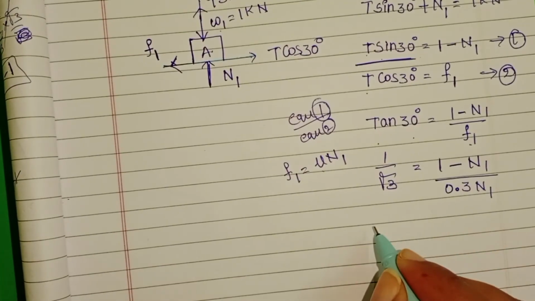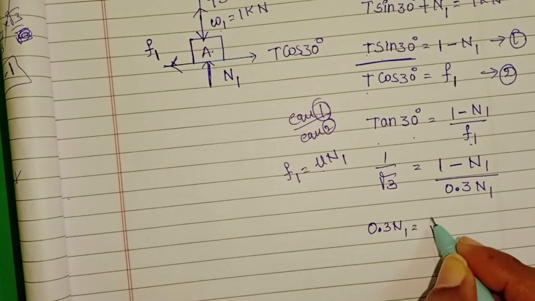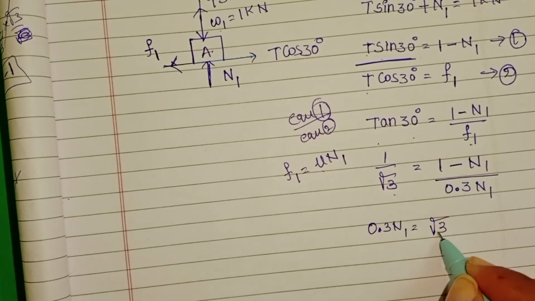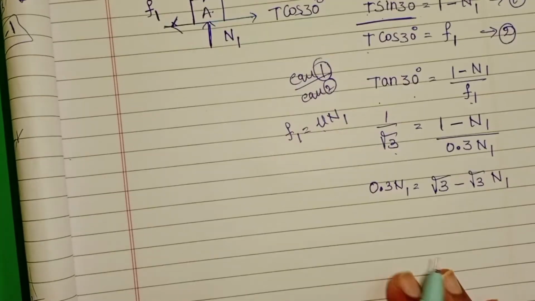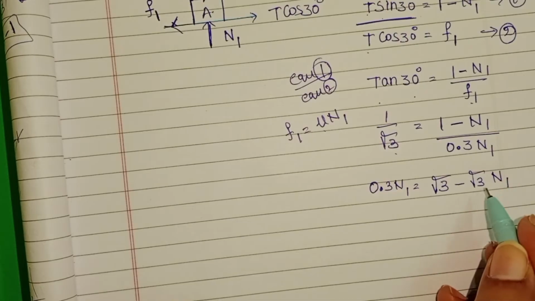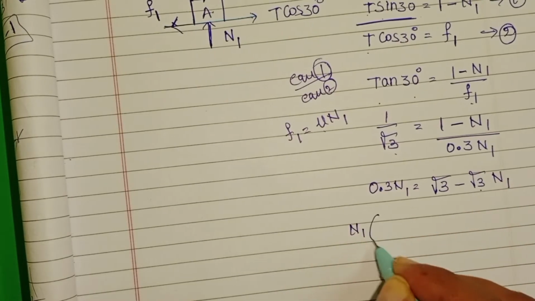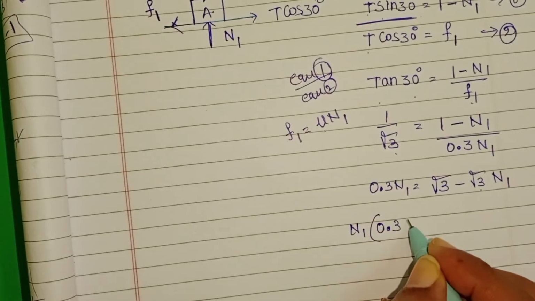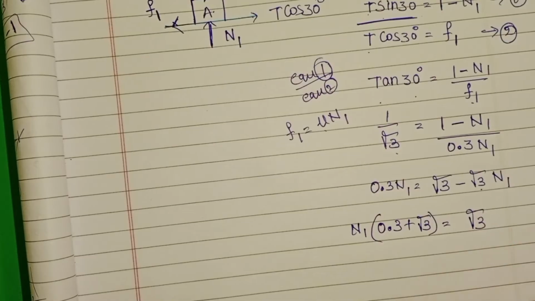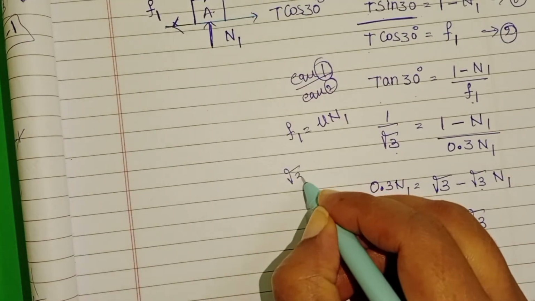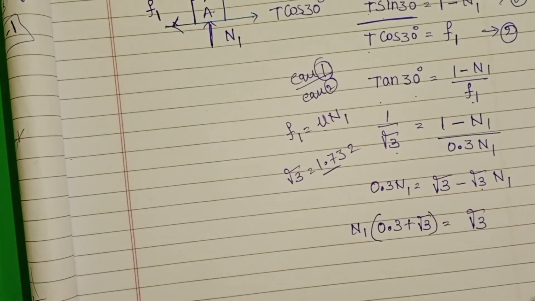Take cross multiplication. 0.3 N1 is equal to root 3 minus root 3 N1. Now minus root 3 N1 goes to the LHS. N1 into (0.3 plus root 3) is equal to root 3. Root 3 value is 1.732. Take up to 1 decimal.